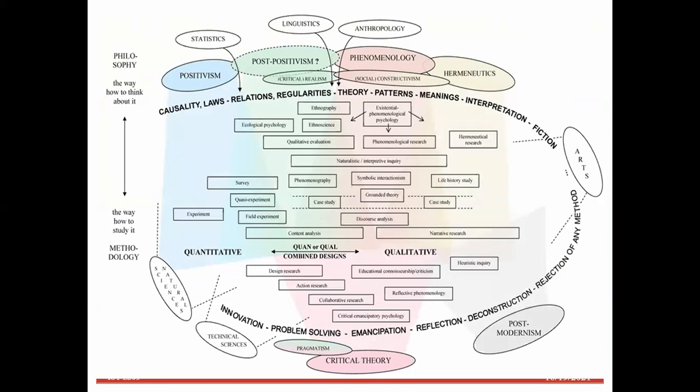So on this slide here, you can see we have this word philosophy, the way to think about it. And then we have methodology, how to study it. Basically, the way of how to study it. So different disciplines have a different way they look at research because they're answering different types of questions.